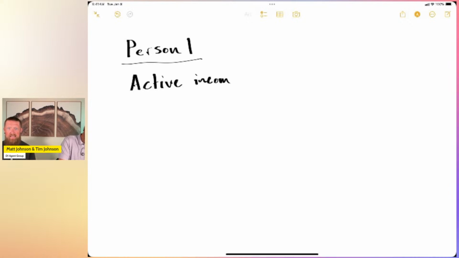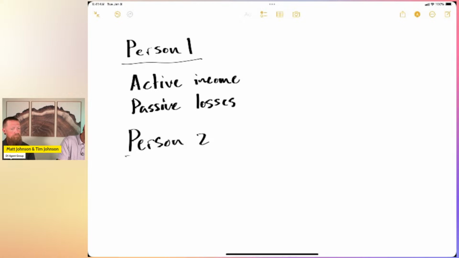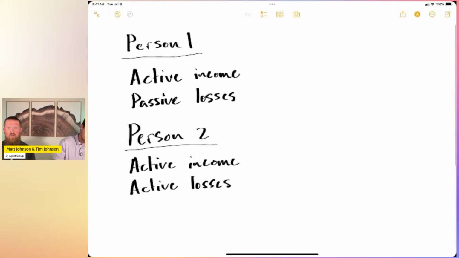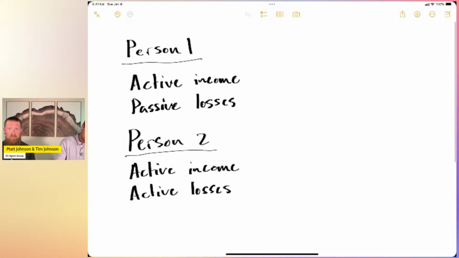They're saying that active business is considered active income in this case. So income and losses from that business can be taken against your active income. Not just the income from the Airbnb that you have, but also the income from the salary that you get, or however you get paid as a doctor or a lawyer or whatever.